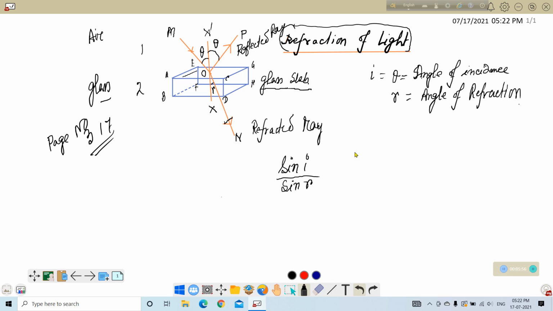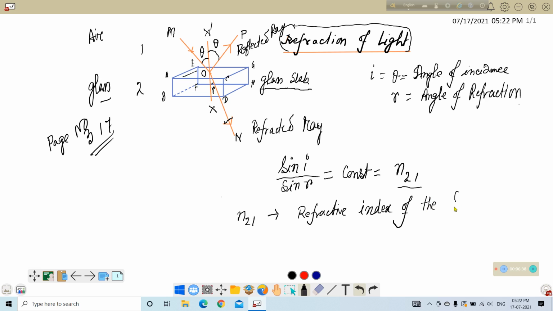It is a constant quantity, and by convention it is written as n 2 1, where n 2 1 is known as the refractive index of the second medium with respect to the first medium.